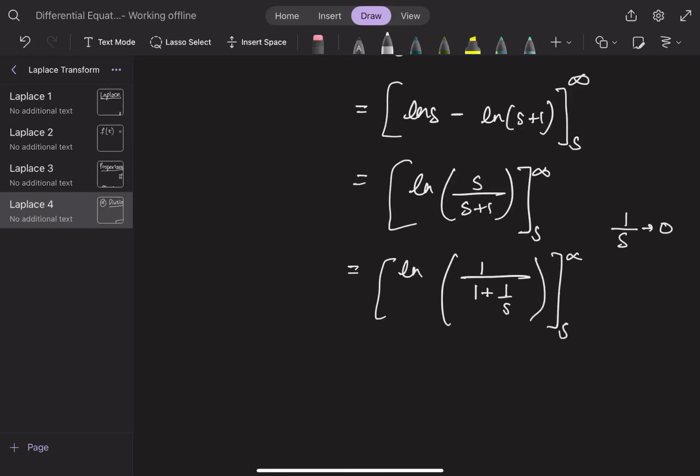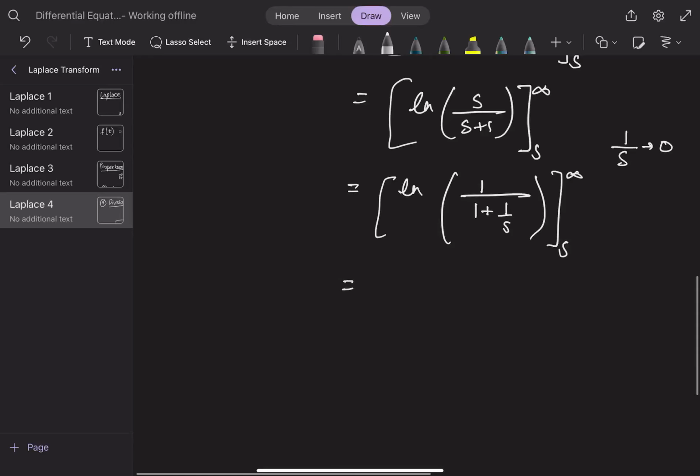Now we're going to put in the limits. So when you put the limit as infinity, you'll be left with ln of 1, as this will become 0. And when you put s, you will get the same thing as before, ln of s divided by s plus 1.